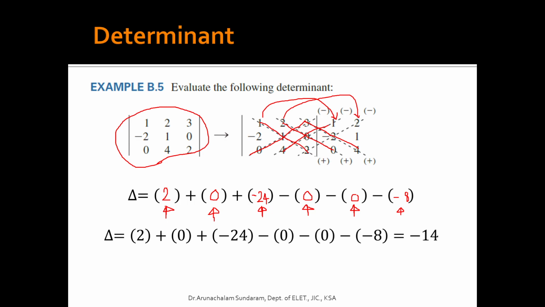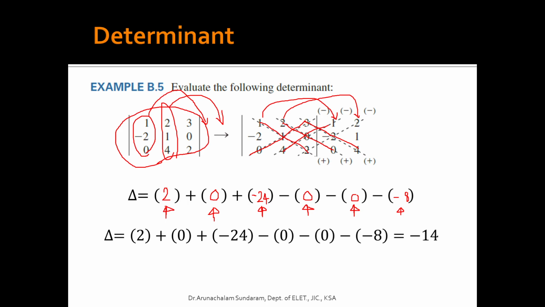So very easy. To find a determinant of a 3 by 3 matrix, the only procedure that you have to remember is you have to write this column 1 one more time. You have to take this column 1 and write it. And then you have to take the column 2 and write it. Then we have to draw lines: three lines in the forward direction like this.